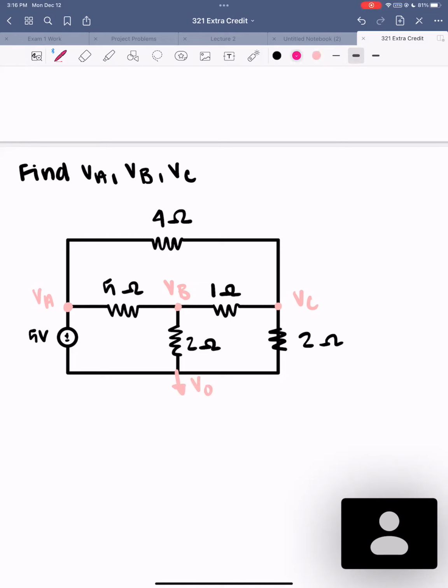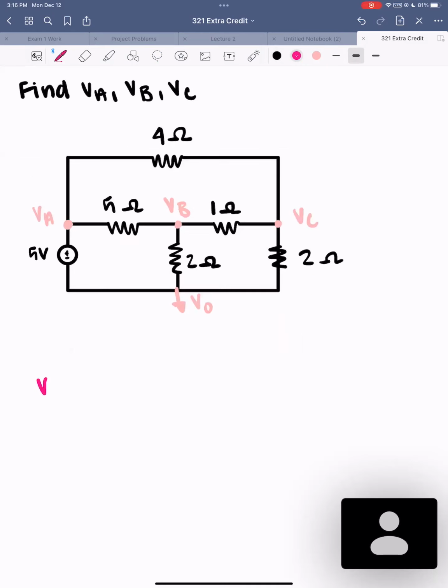Okay, so we're going to start with VA. So we have three branches to VA. We have 1, 2, and 3. So we're going to do the power supply last. So we're going to go from VA to VB. We're going to do VA minus VB all over 5 ohms.